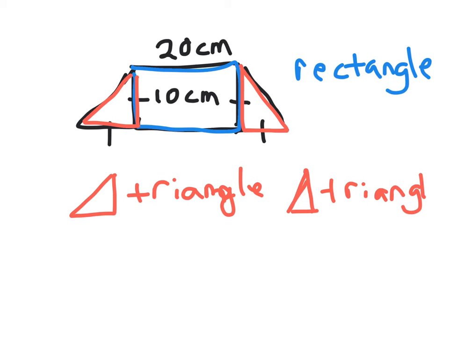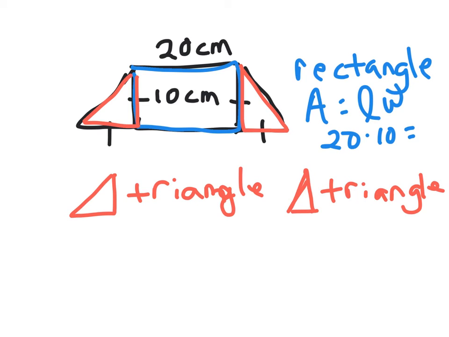So it looks like in this problem we have three pieces to figure out. Let's go ahead and start with the rectangle. As you look at your formula sheet, it's length times width. In this particular rectangle, it is 20 long and 10 wide. That gives us a combined area of 200 centimeters squared.